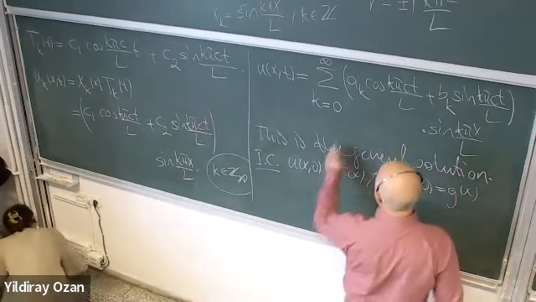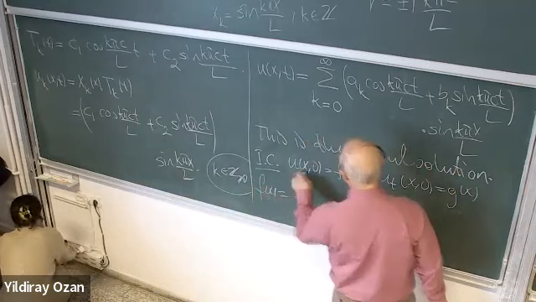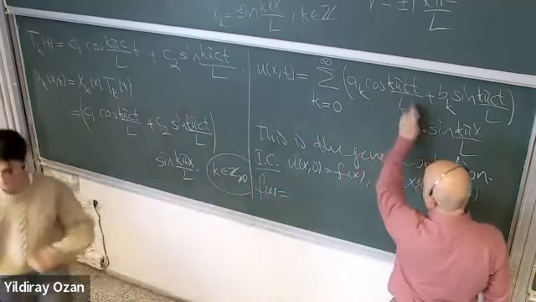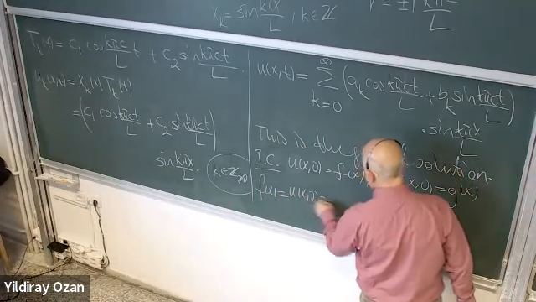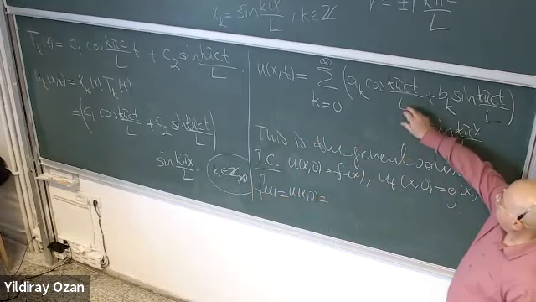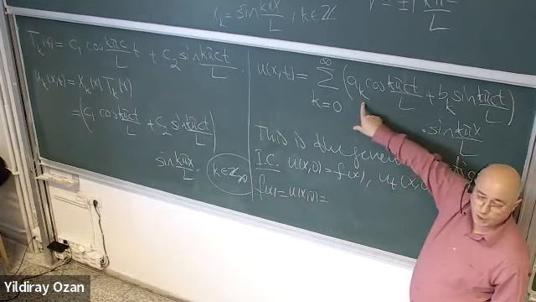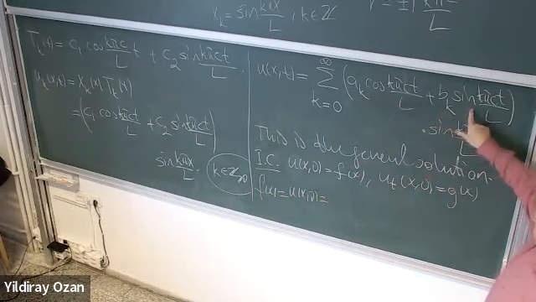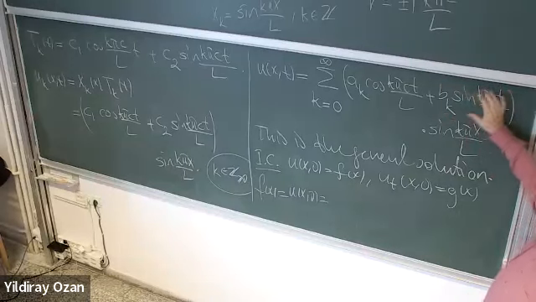When I plug t equals 0, let's see what we get. I have here f(x), and when I plug t equals 0, the cosine term will be 1, so you will have only A_K. Sine 0 will completely vanish.